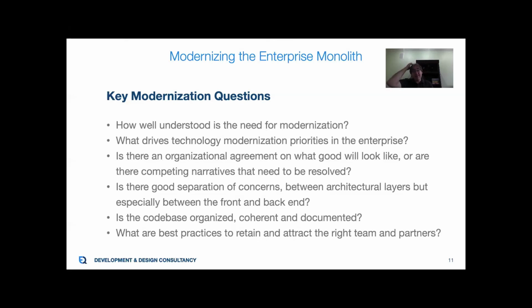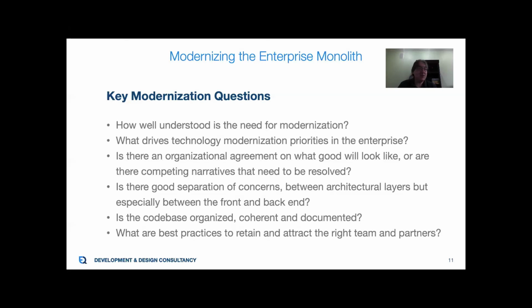So another question, is there good separation of concerns between layers, especially between front and back end? Some people have the luxury of acquiring a product when it comes to being honest about it. Other people have been gatekeepers, going through a lot of hardships and soul searching as they work out how to maintain a legacy product. Again, one just has to be able to step aside from who made it this way, why did they make it that way?